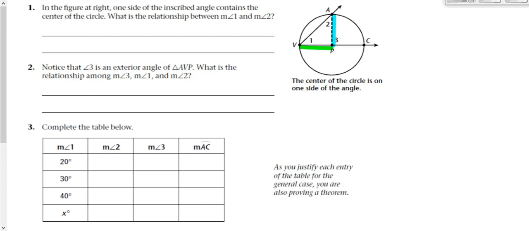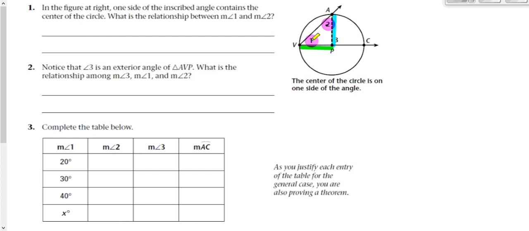So what happens in this whole triangle that I'm going to highlight in purple? This is an isosceles triangle. So if it's an isosceles triangle, that means these two angles down here are going to be equal.